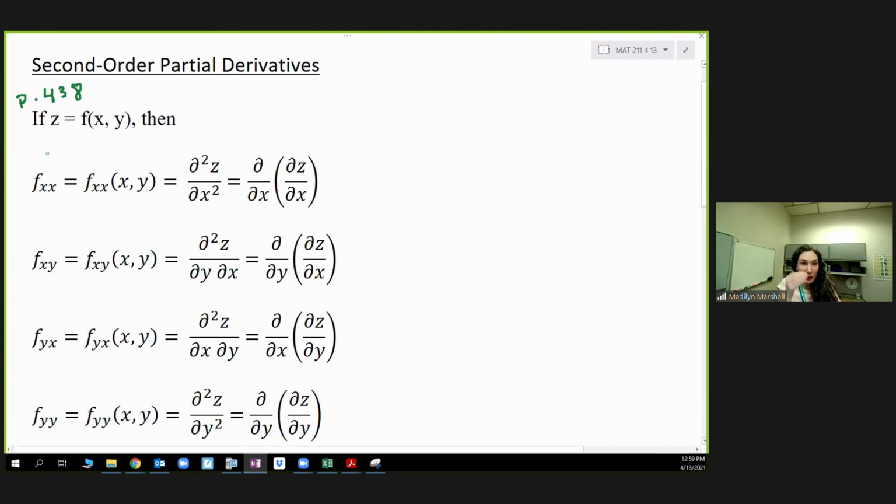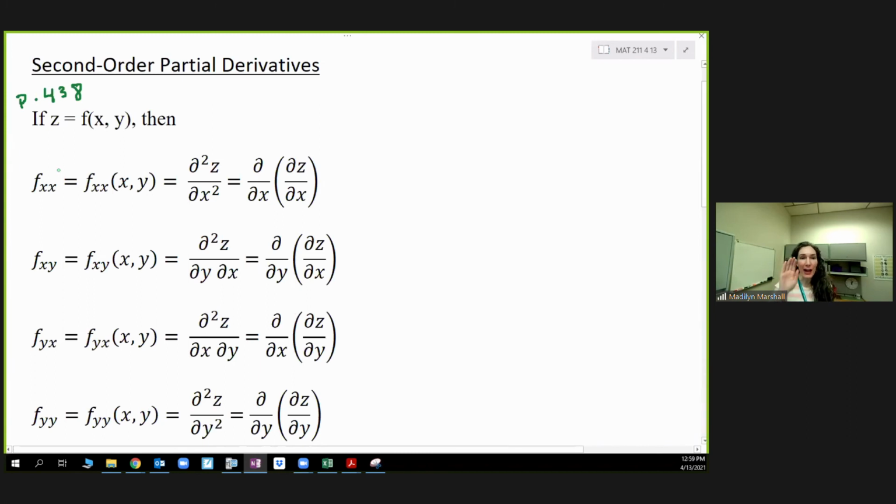And so if we're doing two derivatives, a second derivative, we have to specify which variable we're doing the derivative of both times, which is why there are 4 different lines here, each with 4 notations.